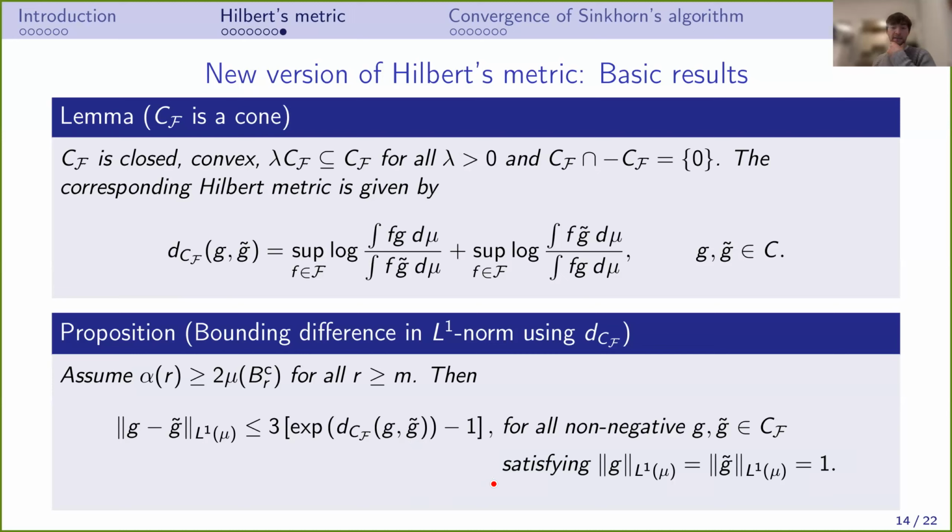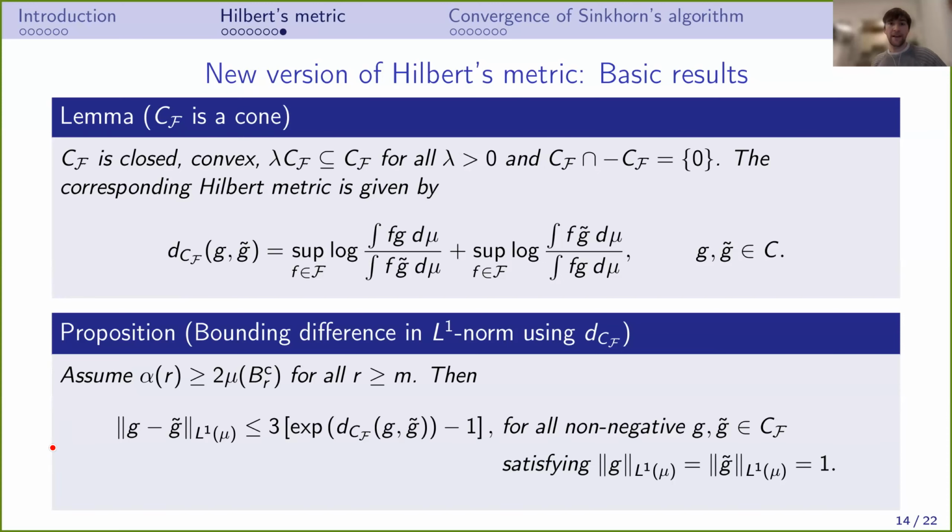The most important thing here is that, of course, the right-hand side depends on the projective metric, whereas the left-hand side is really sensitive to the scales of the functions. So it's important that the functions this is true for are normalized to have L1 norm equal to 1. But this should just emphasize shortly that this is really a sensible metric which roughly does what it should.